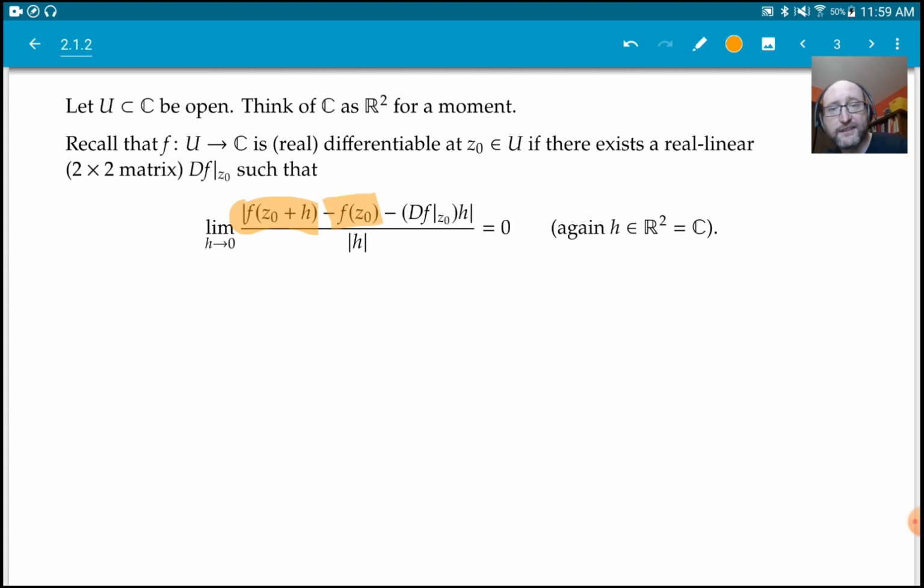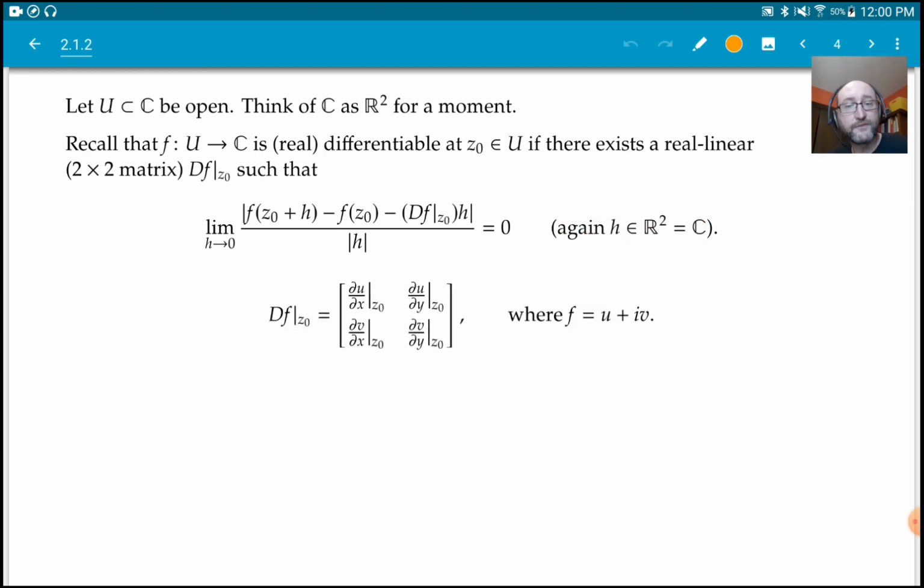We subtract f of z naught, and we say, how is this different from just applying this real linear operator? And we say that this error had better go to 0 faster than h. And again, this h varies in C or in R2, however you want to think of it. It's the same set, right? So this is not a real number. This is a complex number.